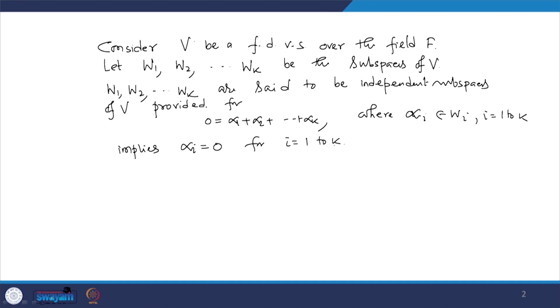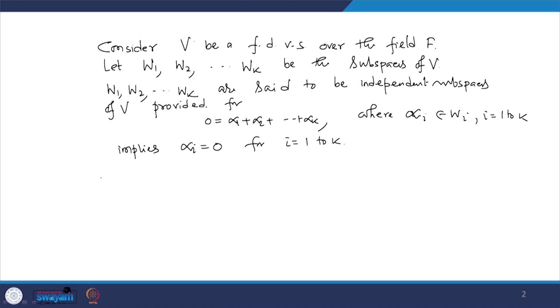So, the subspaces W1, W2, Wk of the vector space V are said to be independent subspaces of V, provided if I have an expression alpha 1 plus alpha 2 plus alpha k equal to 0, where alpha i belongs to Wi, then certainly alpha i equal to 0.